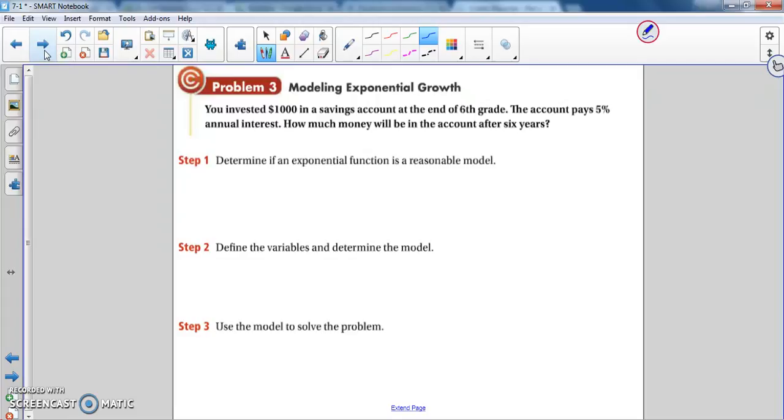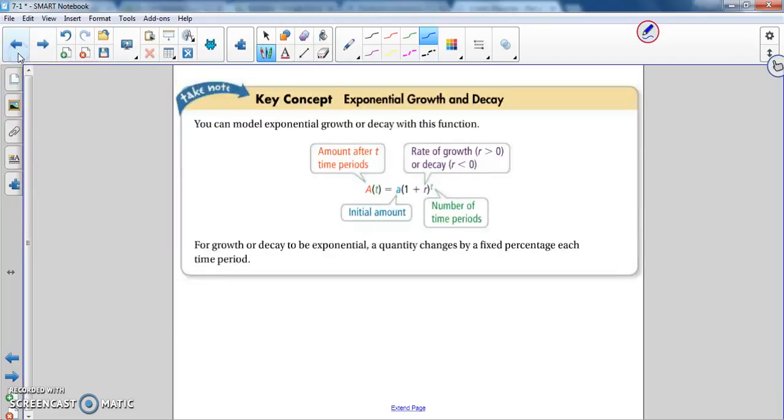You invest $1,000 in a savings account at the end of 6th grade. The account pays 5% annual interest. How much money will be in the account after 6 years? Remember, A of t is equal to a times 1 plus r to the t power.